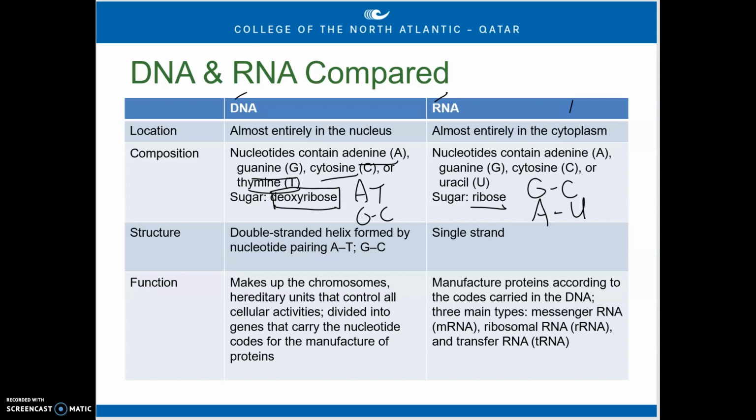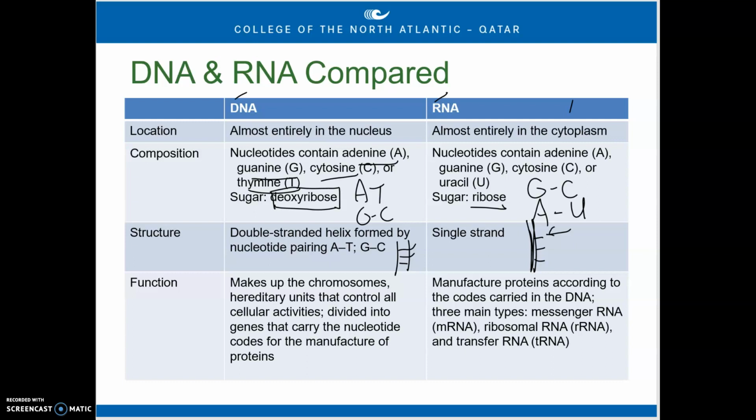So instead of having our ladder structure like we have for DNA, RNA is going to be like this. We still get the sugar phosphate backbone here, we get the nucleotides right here, but we don't have the other side. So that's the difference in the structure between DNA and RNA.